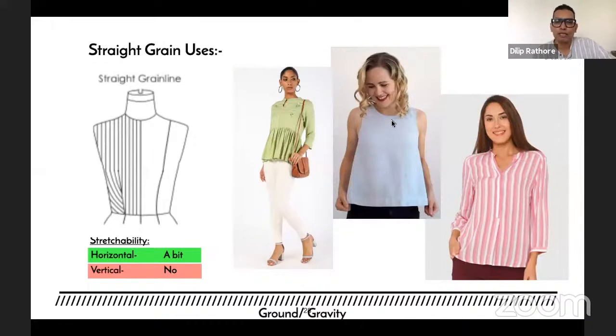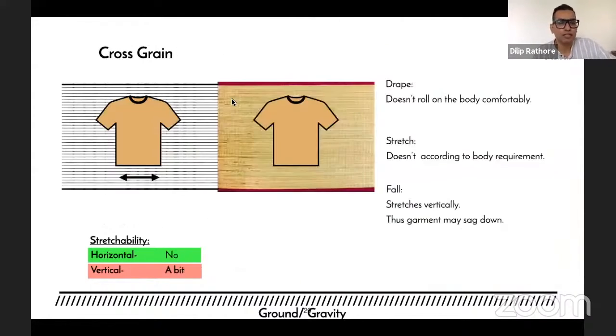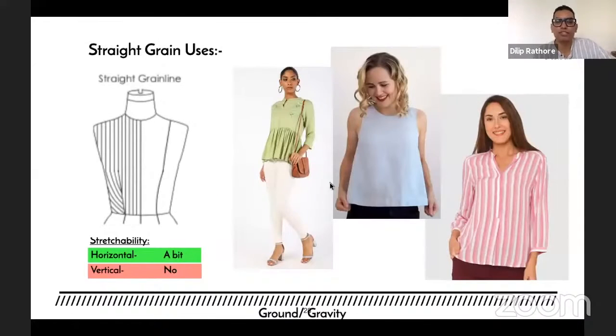The straight grain, with the warp going vertically, can be used and it is suitable. This is the grain which is used maximum times, in trousers also, in tops also, in most of the places.